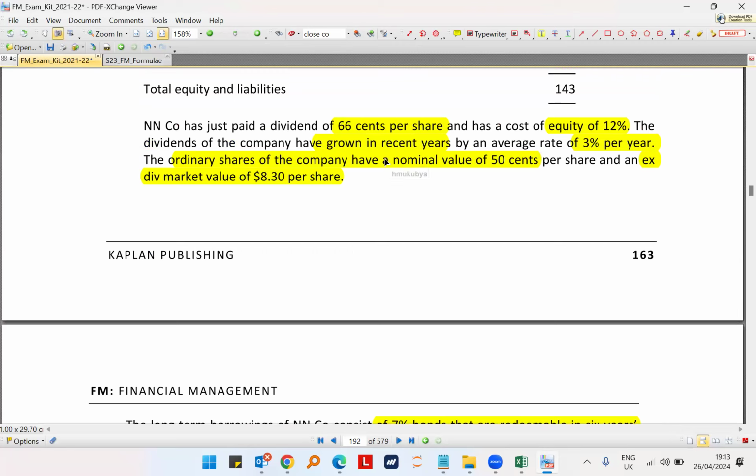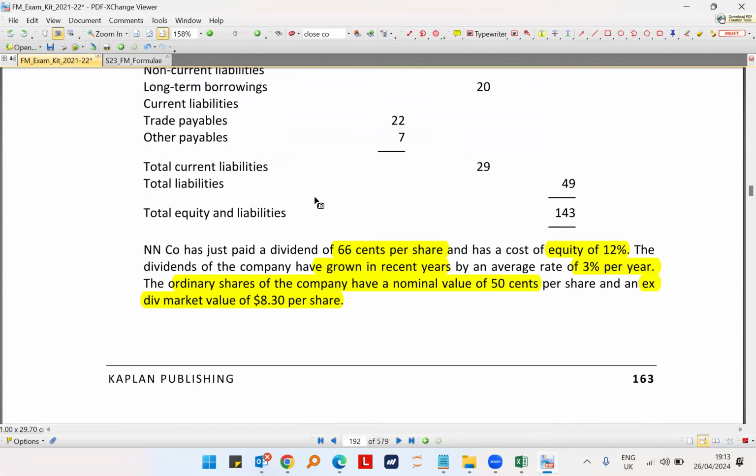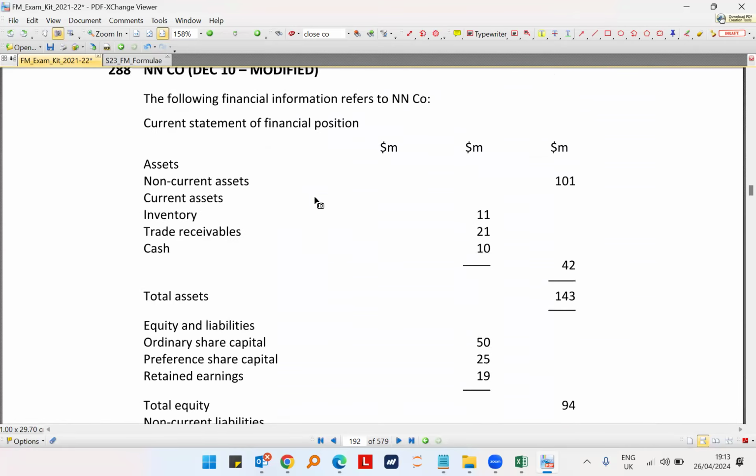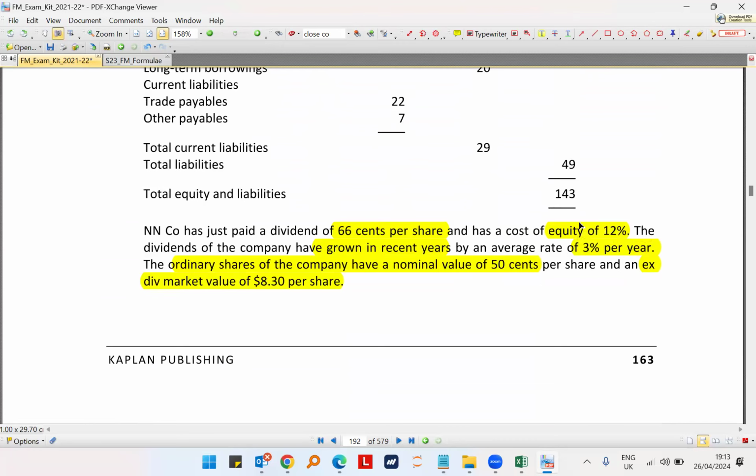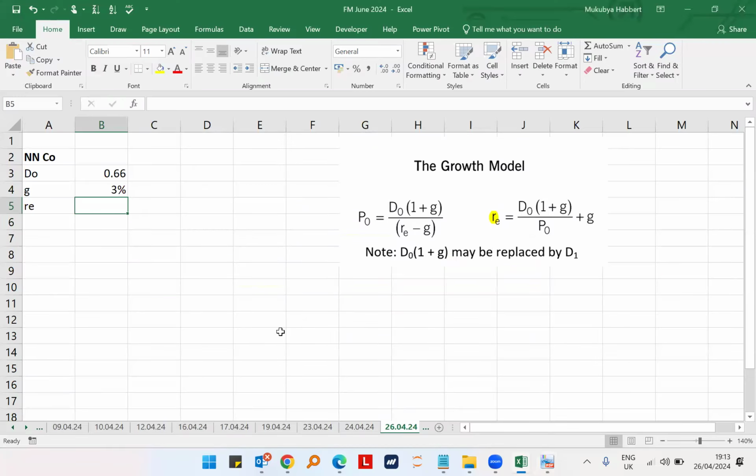The ordinary shares have a nominal value of 50 cents per share and an ex-div market value of 8.3 per share. Let us see what we can use as cost of equity. Oh, we have cost of equity, 12%. Sorry, I was not saying it. So cost of equity is 12%.